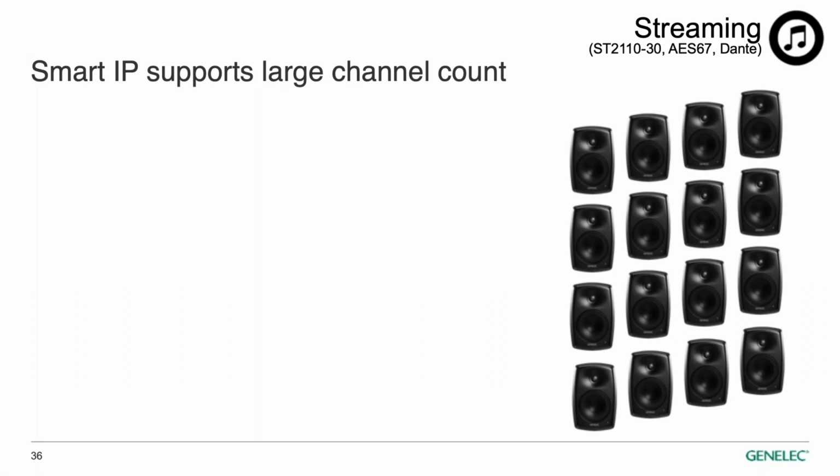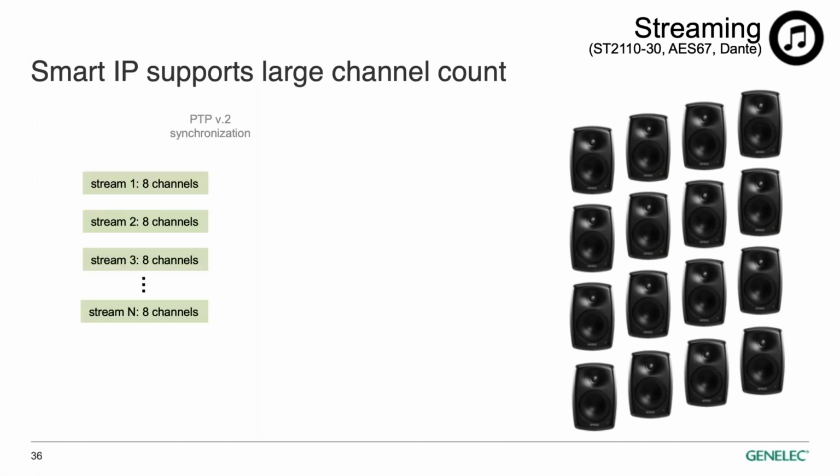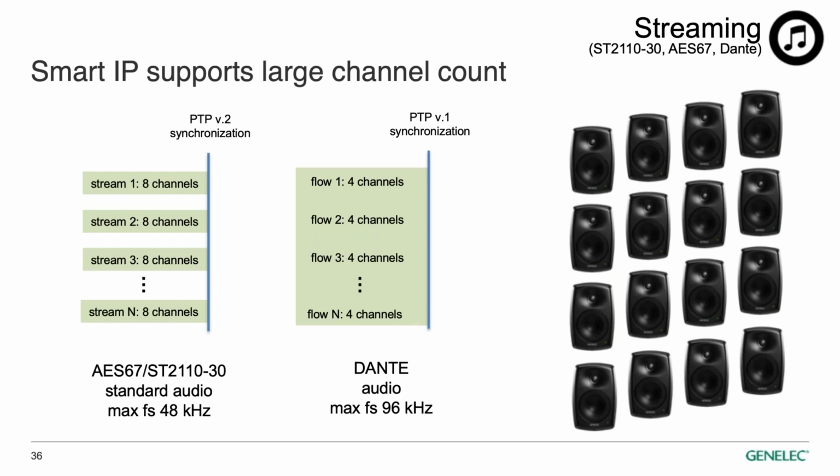Channel count is one very popular question about network audio systems. How many channels can it do, and what kind of quality level can it achieve? And here's a little map of that. Depending on your streaming format, which you are using to send the stream to the network, AES67 ST2110 can do sample rates up to 48 kilohertz, so matching the quality of the basic AES EBU digital audio.